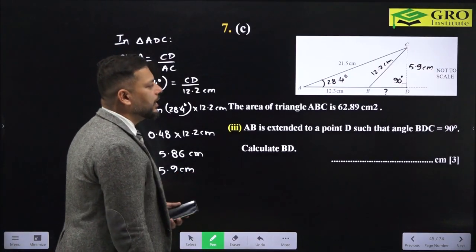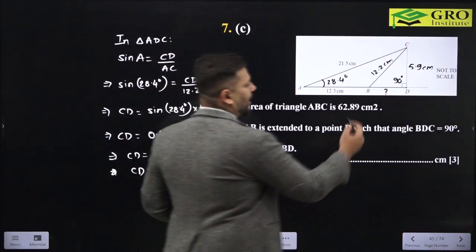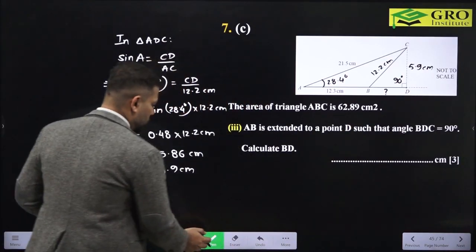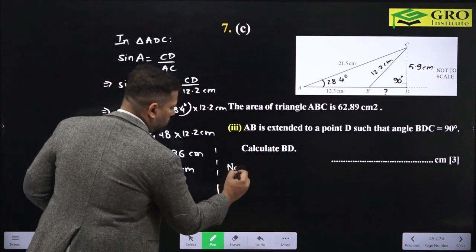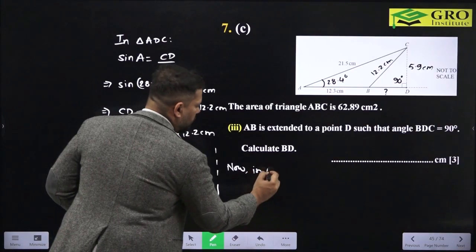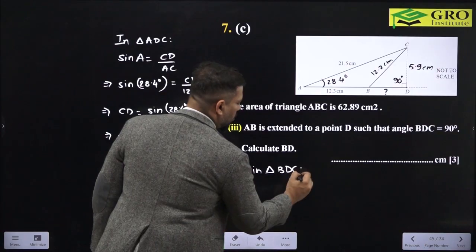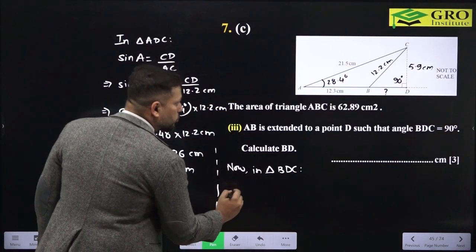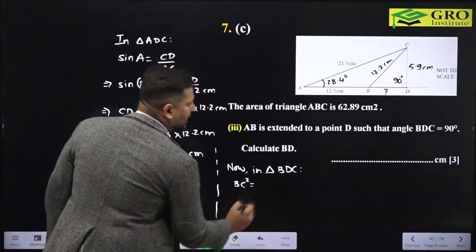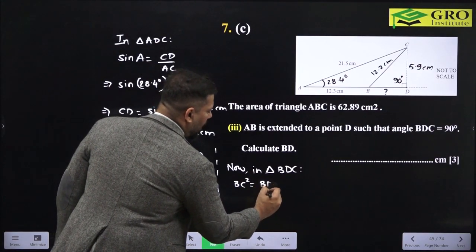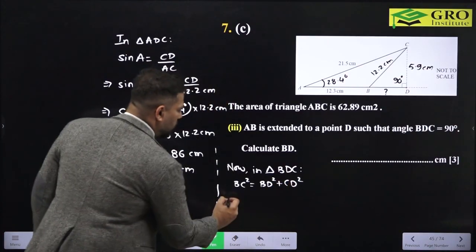But what do we need to find? We need to find out BD. So now we will use Pythagoras theorem in the triangle BDC. Let us use it. Now, in triangle BDC, what we are going to use? We will use the Pythagoras theorem that will tell us that BC square is equal to BD square plus CD square, and let us substitute the values.